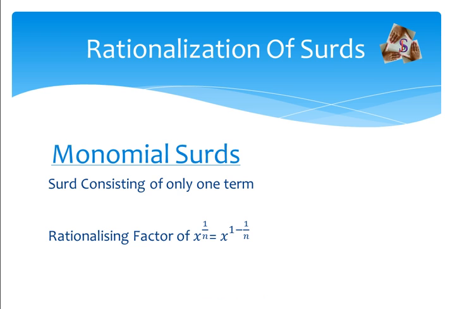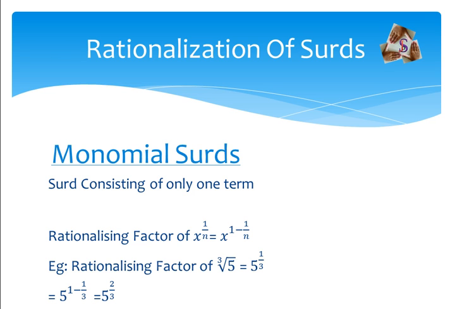Let me explain this with an example. Find the rationalizing factor of cube root of 5. That means 5 to the power of 1 by 3. So there is only one term, that is 5 to the power of 1 by 3. So the rationalizing factor will be 5 to the power of 1 minus 1 by 3, that is 5 to the power of 2 by 3.